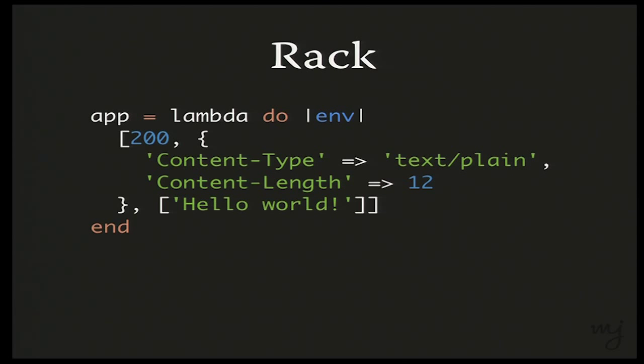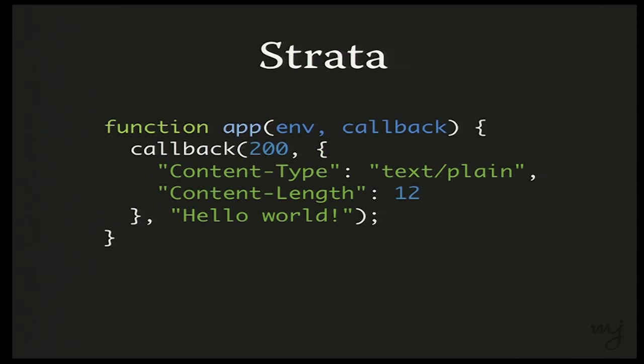Rack had a similar idea. This is Ruby code. The simplest possible Rack app is this lambda, which returns an array with a status, a hash of headers, and a body, which in this case is an array containing a string.